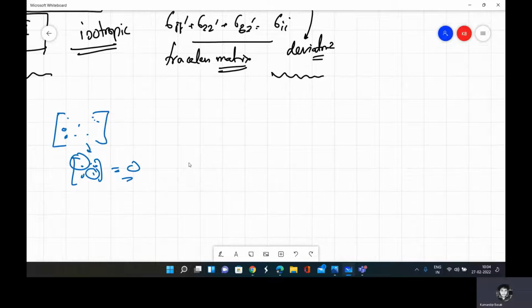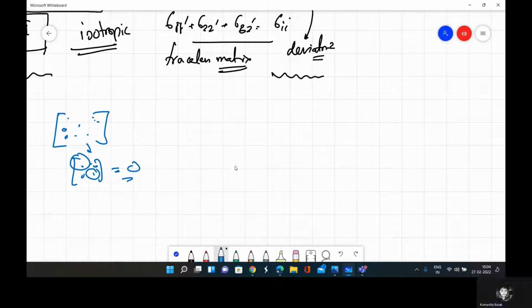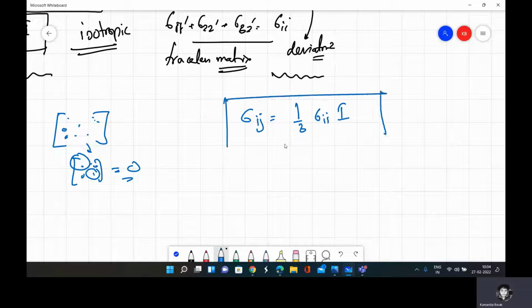Here is the conclusion: sigma ij equals 1/3 sigma ii times I. This is isotropic. Therefore, for the fluid element at rest, the stress tensor is isotropic.